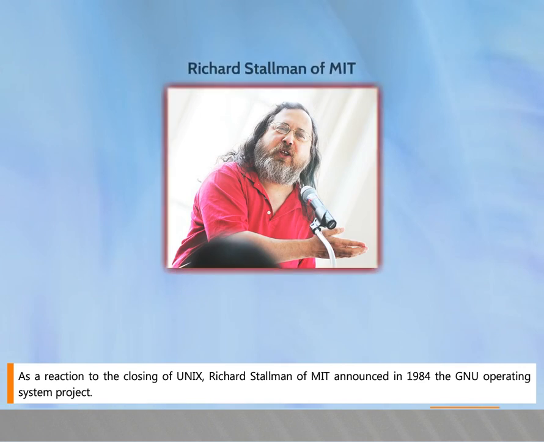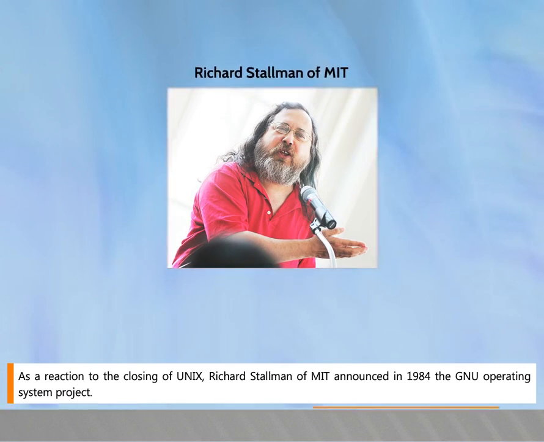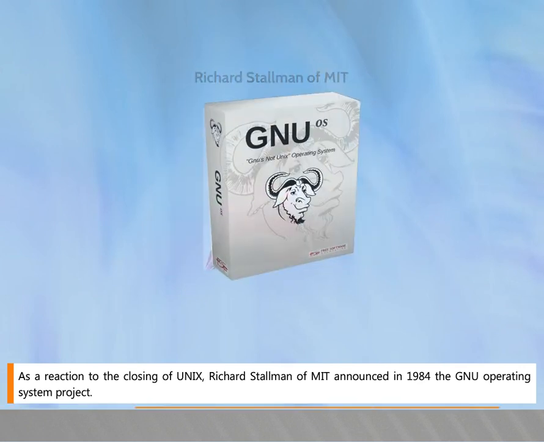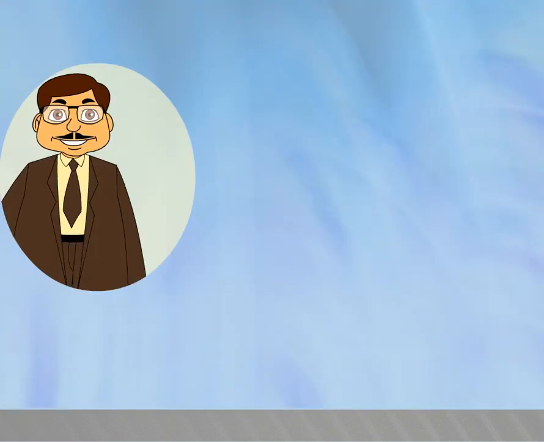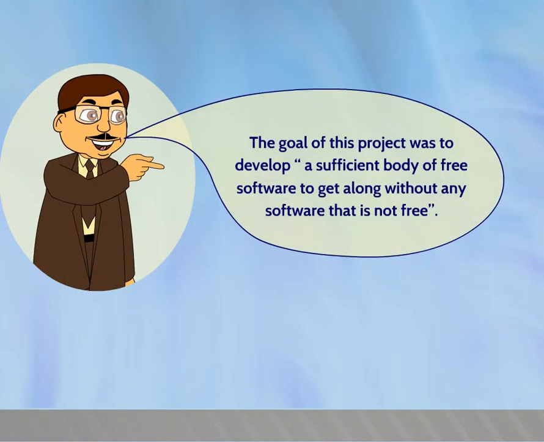As a reaction to the closing of Unix, Richard Stallman of MIT announced in 1984 the GNU Operating System project. The goal of this project was to develop a sufficient body of free software to get along without any software that is not free.